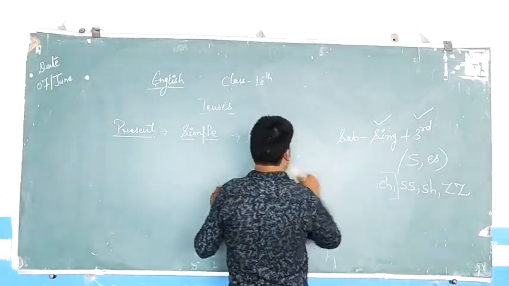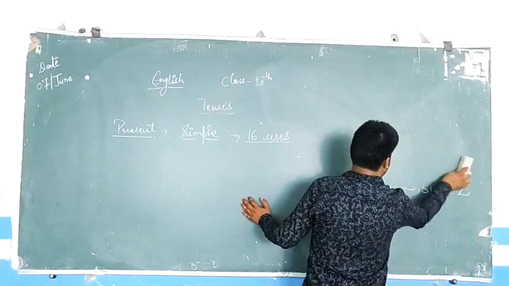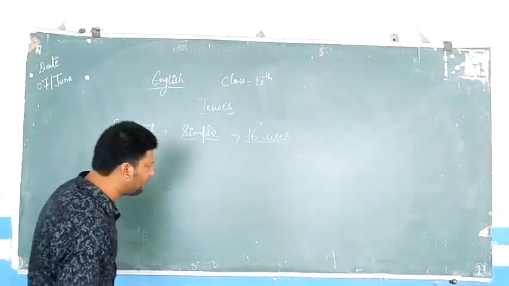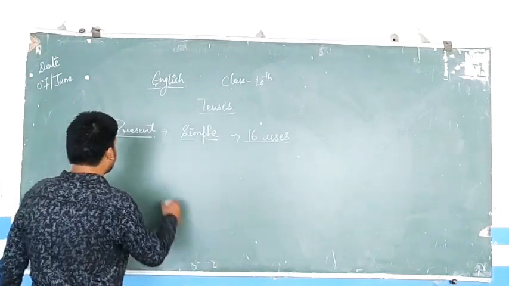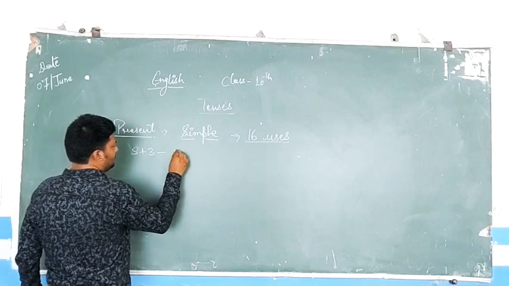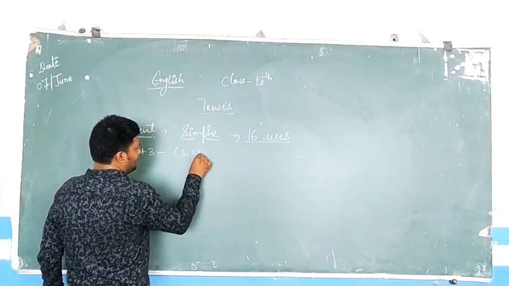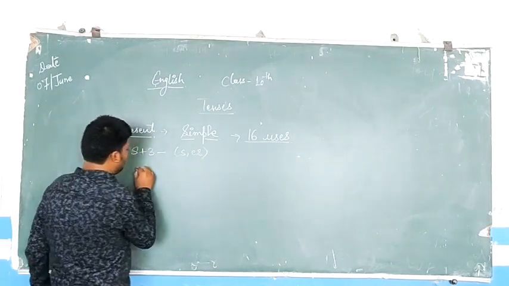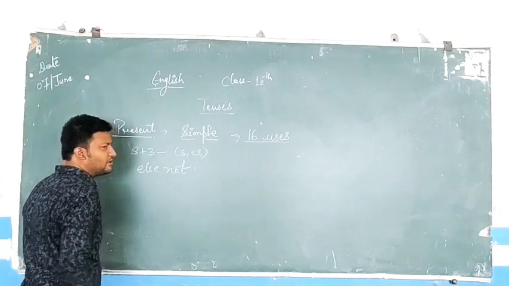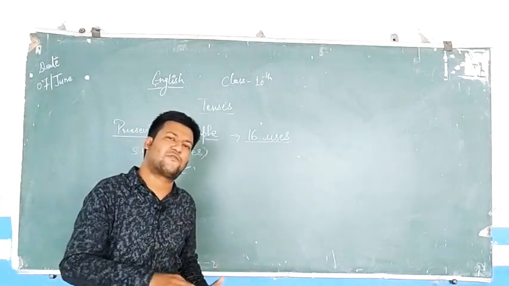Verb first form plus S or ES plus object is the structural formula for tenses. Singular plus third person, S or ES, else nothing. Simply put the verb in the first form.